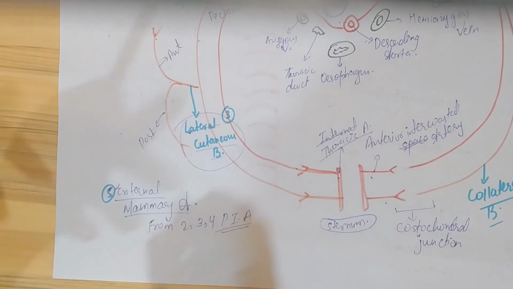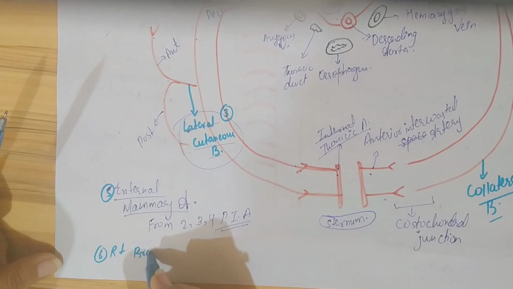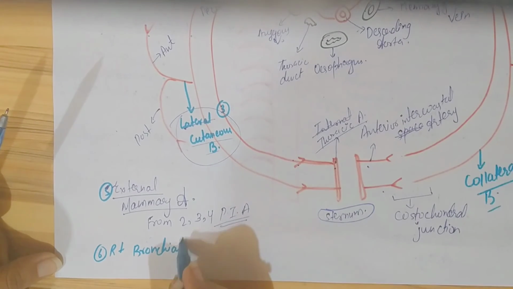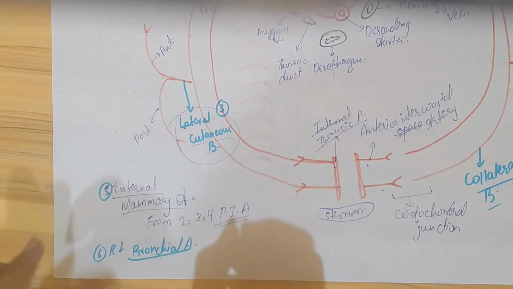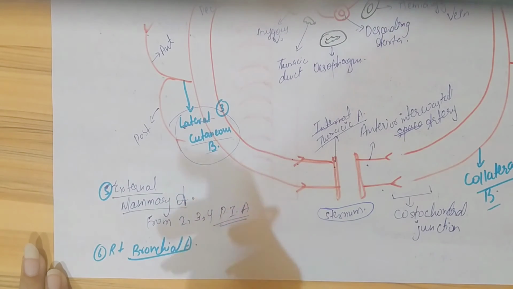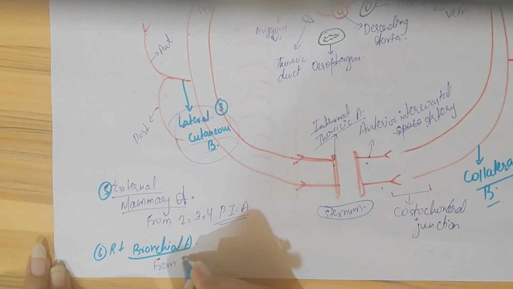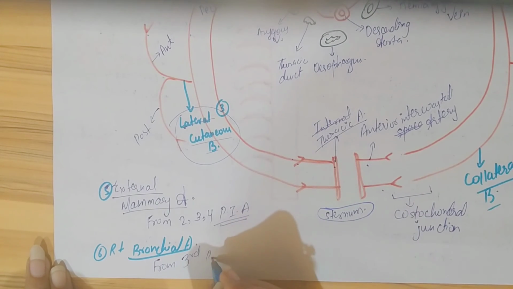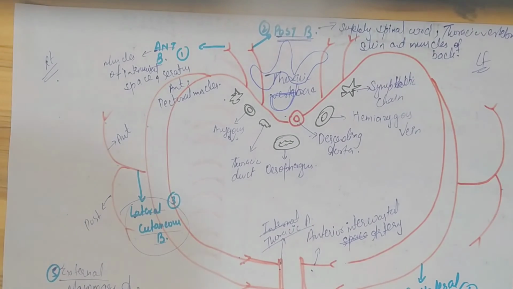Then the sixth one is the right bronchial artery. It arises from the right third posterior intercostal artery and accompanies the bronchial vein. So it arises from the third PIA. So it was all about that.